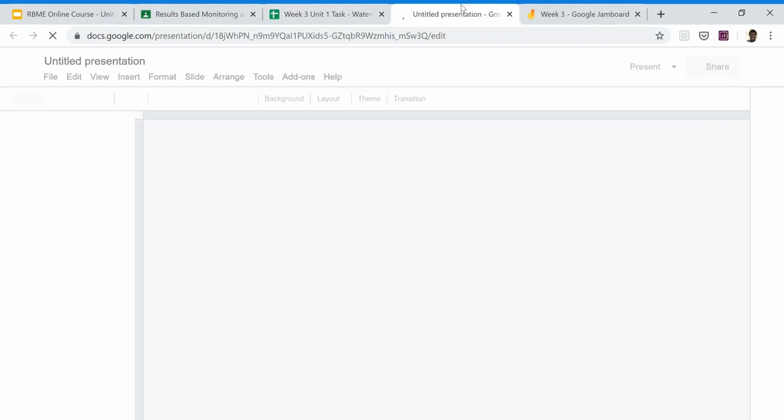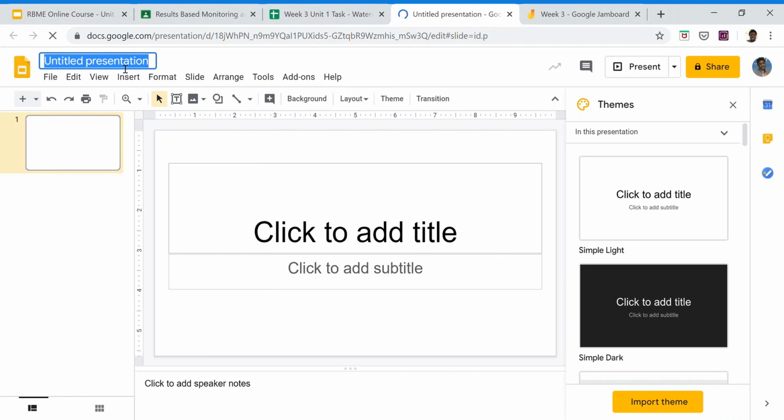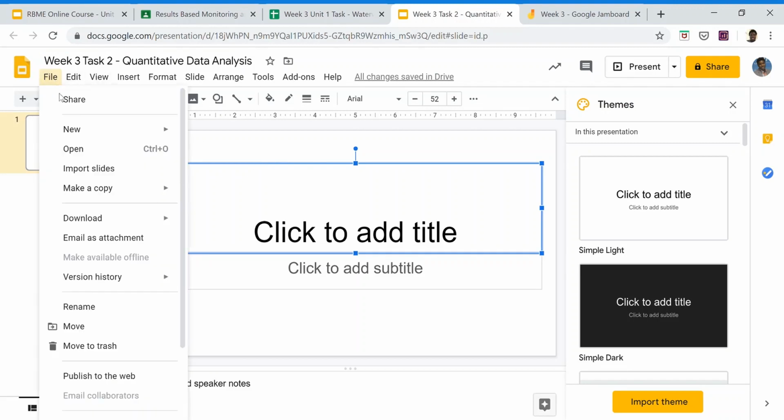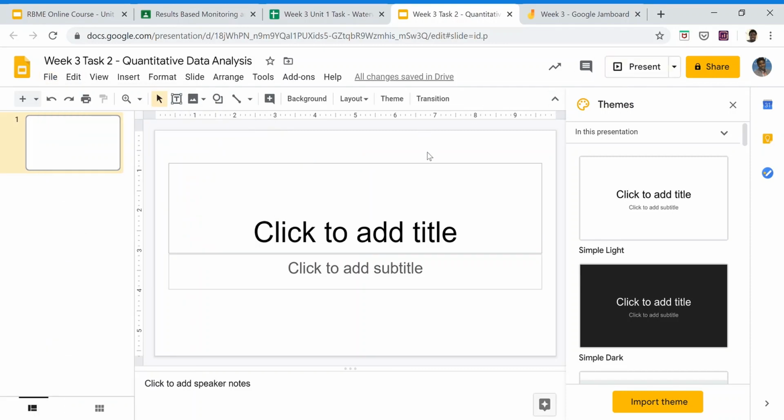So this is task 2, right? Task 2, quantitative data analysis. So boom, I have this, and this is my slide actually. A Google presentation slide is something you can always get in your drive as well.